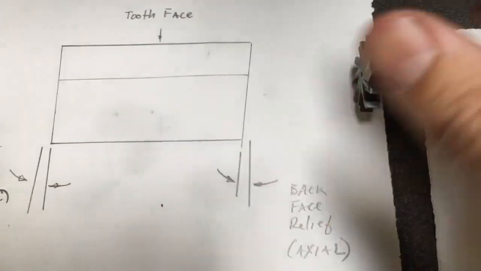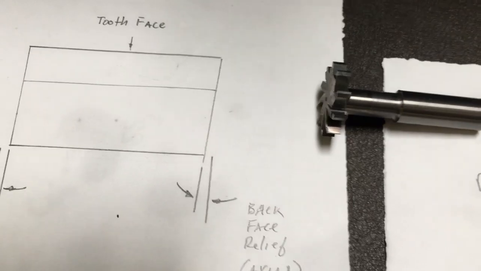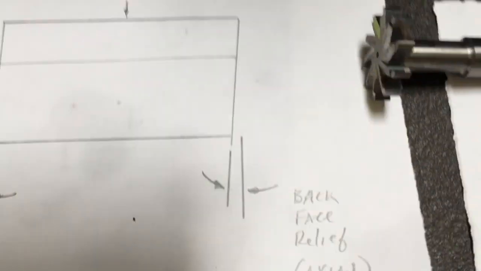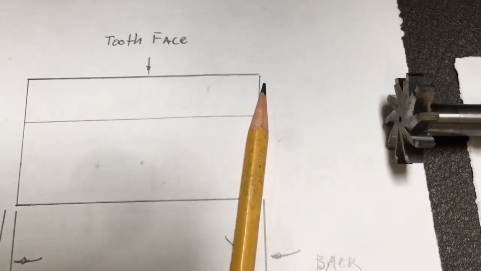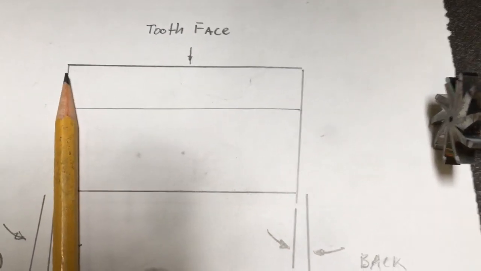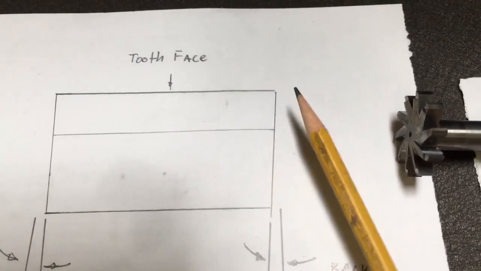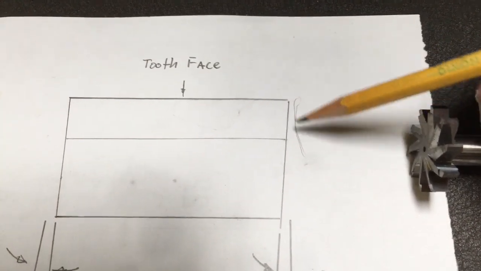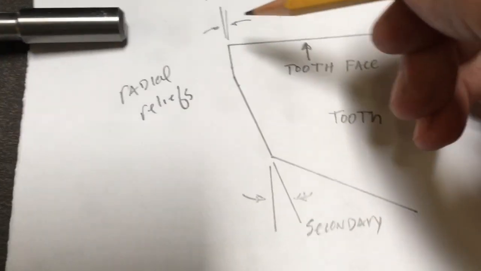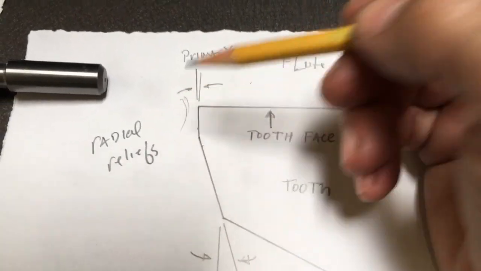So it also has relief. It has relief going axial, this way, so that the chips can flow off it like that, just like over here the chips would flow off it like that.